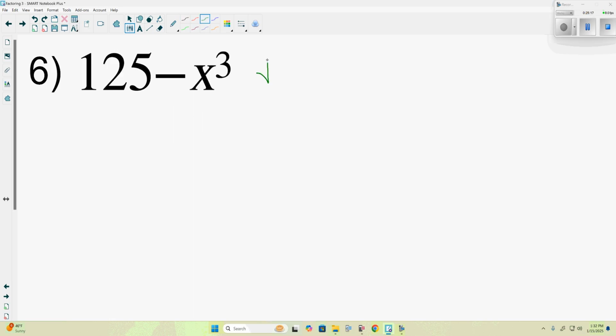But let's look at this one here. So we want to see if we can take the cubed root of our first term, 125, which is 5, and our cubed root of our second term, which is x cubed, would be x.